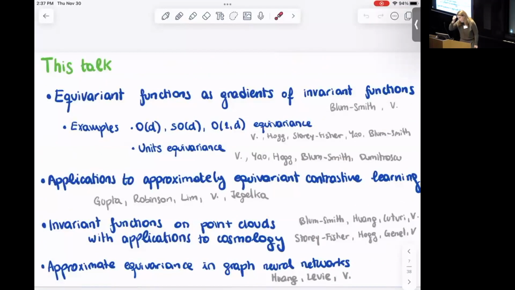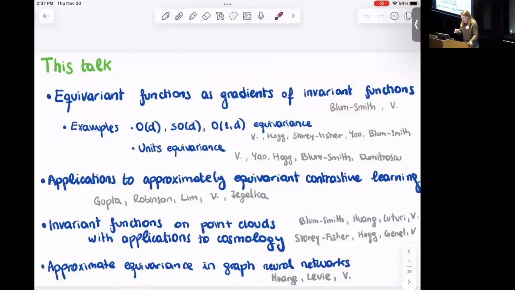So that's one example. So in this talk, I'm going to discuss, maybe not all of these, but some of these ideas. How do you think of equivariant functions in terms of invariant functions?